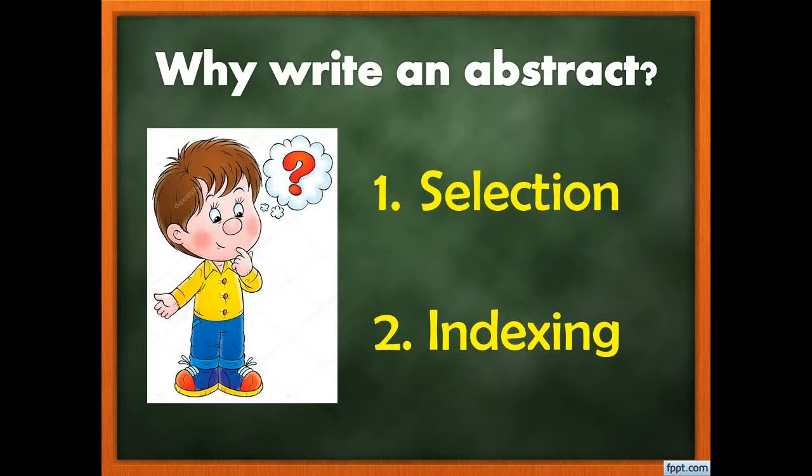But why is it important to write an abstract then? Because abstracts are important for both selection and indexing purposes. Let's start with selection. Abstracts allow readers who may be interested in the paper to quickly decide whether it is relevant to their purposes and whether they need to read the whole paper.